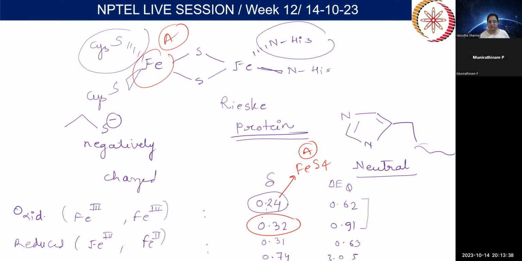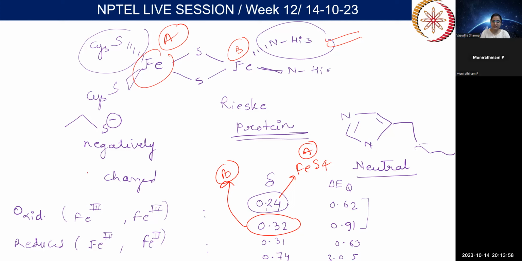And this more positive value stands for B, which is this one. Why? We have this N-histidine, which is a neutral ligand, and we have S-histidine, which is a negatively charged ligand. So because of the more negative charge over there, it is shifting the isomeric shift towards the negative side compared to the one which is having a neutral ligand.